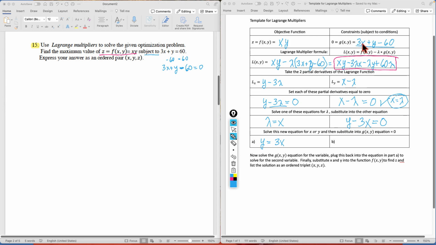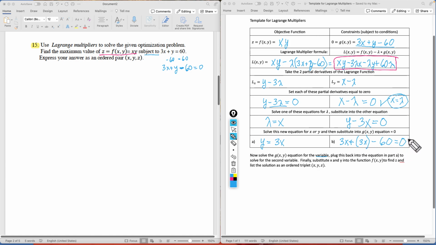Taking g of x, we've got 3x plus y, but y is 3x, so I'm going to substitute 3x in for y, minus 60. After all of that, we are now ready to solve for the variable that we have there, and our variable is x. We're plugging into g of x. This equals 0.